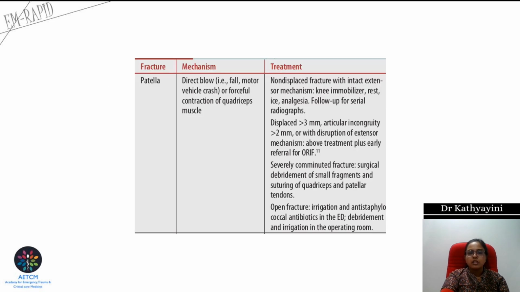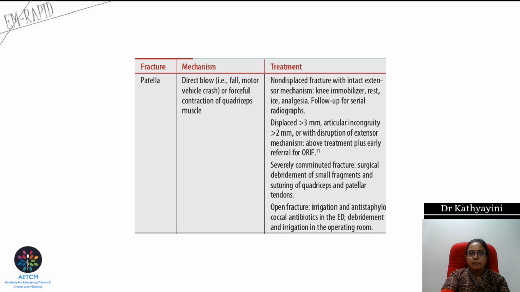The mechanism is mostly a direct blow or a forceful contraction of the quadriceps muscle. Treatment: a non-displaced fracture with an intact extensor mechanism will require a knee immobilizer, rest, analgesia, and follow-up radiographs.